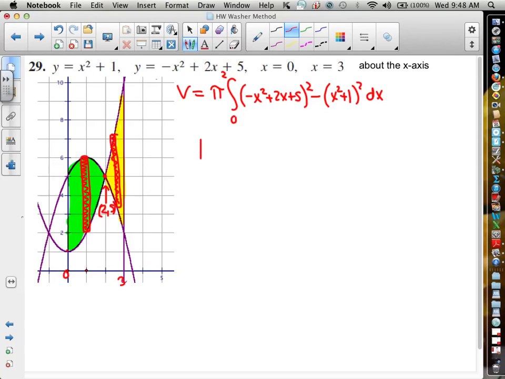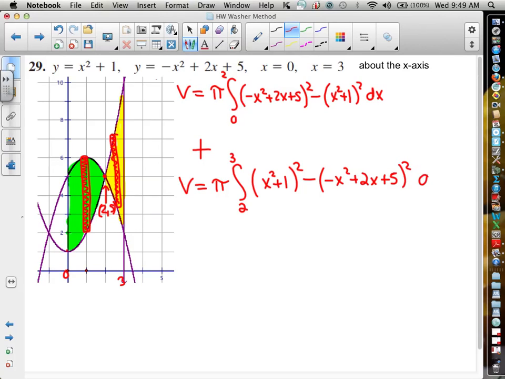And then I'm going to have to add to that the volume of the yellow region, which goes from 2 to 3. The top of the rectangle touches the x squared plus 1. The bottom of the rectangle touches the other one, plus 5. So you just need to do this in two separate pieces here.